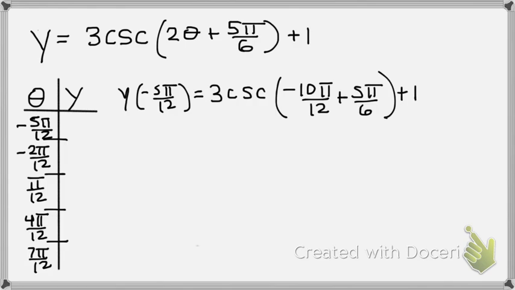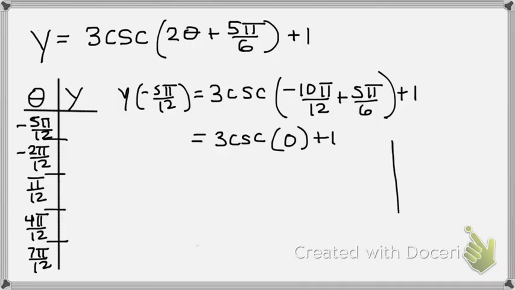Well, look at that. 10 over 12 is 5 over 6, right? If we simplify that. So I've got negative 5 pi over 6 plus 5 pi over 6, and that's 0, right? So I go 3 cosecant of 0 plus 1.